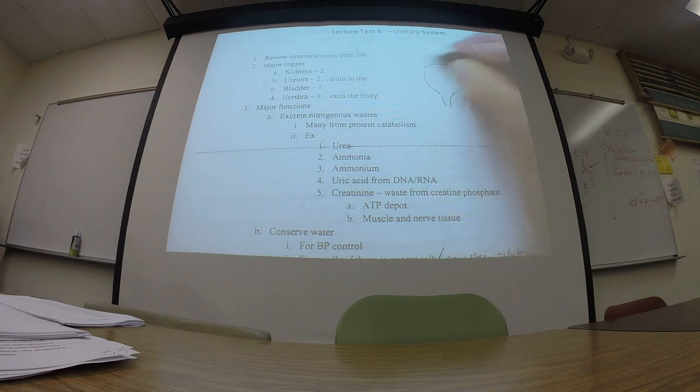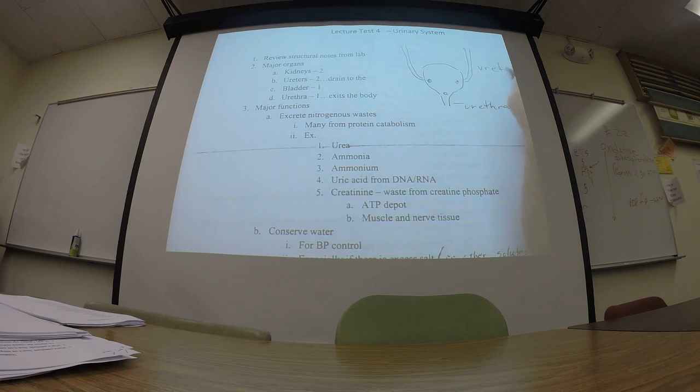If this is your bladder, the ureters come down and dump into your bladder, and then you leave the bladder through an orifice to your urethra. And so that creates this little triangle region right here in your bladder where you triangulate the 3 orifices. That is known as the trigone region in the bladder.